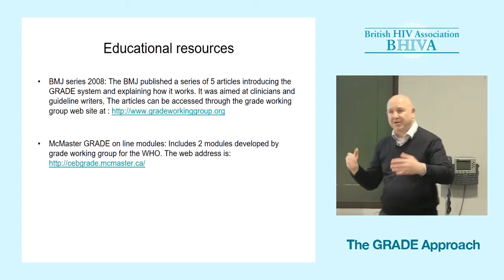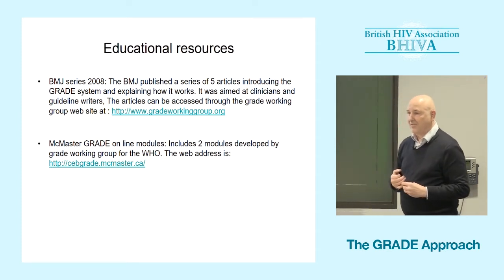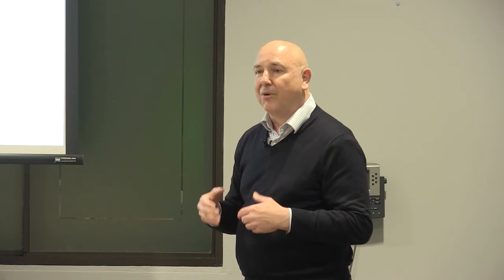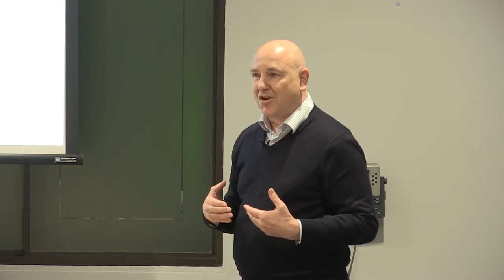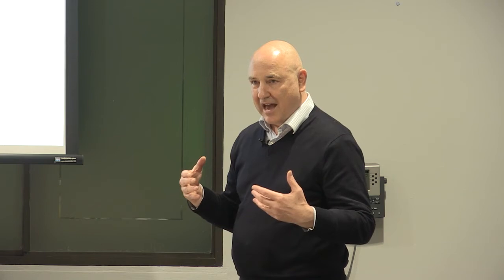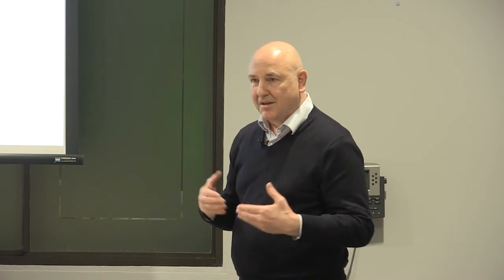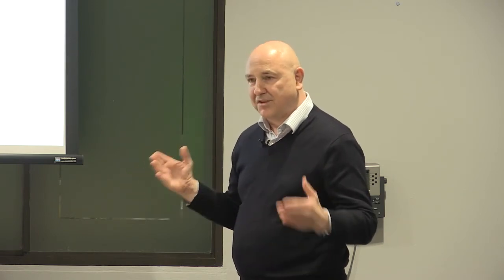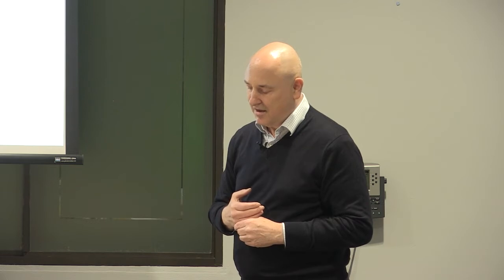If you've got time and want to look more carefully, it will give you an understanding. So what I hope I've done is give you an insight into the principles of GRADE in terms of how we reach decisions, not based on expert bias, but based on an analysis of the outcomes, what's important, and the balance of preferences versus values. So thanks very much indeed.